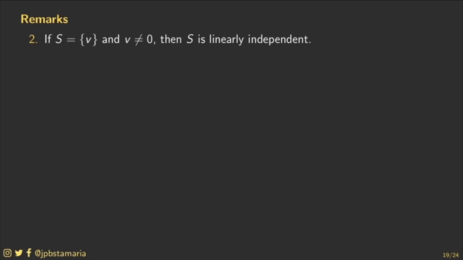If you only have one vector, how should the linear combination look like? It will just look like A times V. And if this linear combination is 0, remember from a previous theorem, if the product of a scalar and a vector is 0, then either the scalar is 0 or the vector itself is the 0 vector.